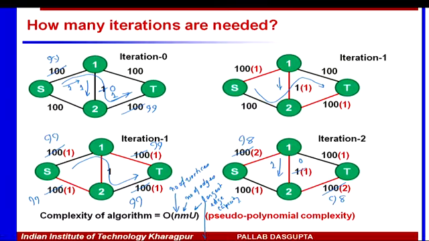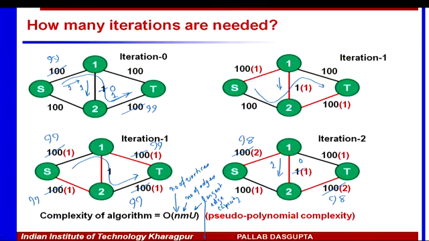To represent a number whose value is u, what is the size of the input? The number u can be represented in log u number of bits, right? If you take log u number of bits as the input size, let us say that is k, then k is the number of bits used to represent an edge weight.